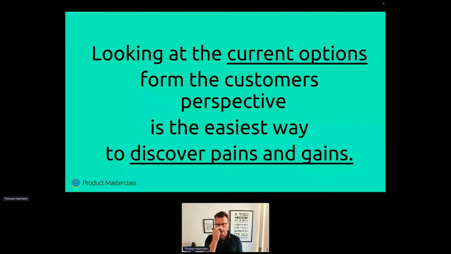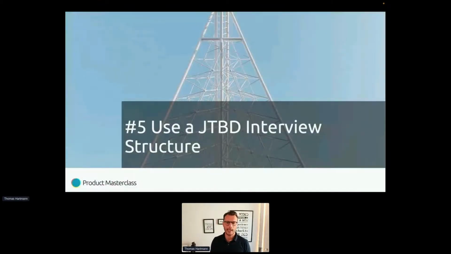So how you do that is point 5, because I think you need to have a good interview structure in place to get this information out of interviews. Let me show you quickly which structure I use for such interviews.